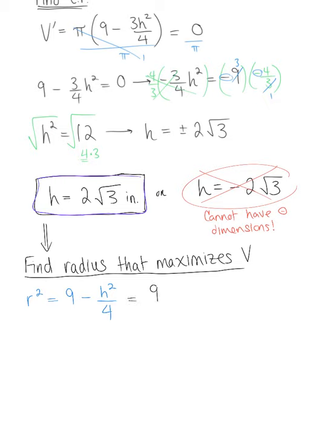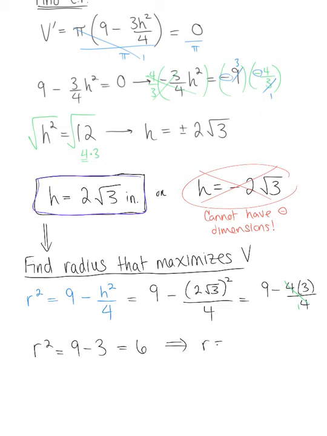So we have 9 minus 2 times the square root of 3 squared over 4. So we have 9 minus 4 multiplied by 3 divided by 4. We can simplify. Those 4's cancel each other right out. So we're left with a radius squared of 9 minus 3, or 6.